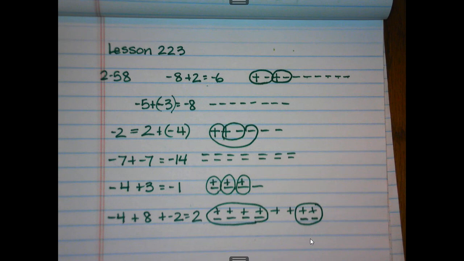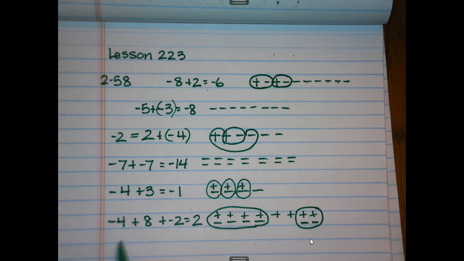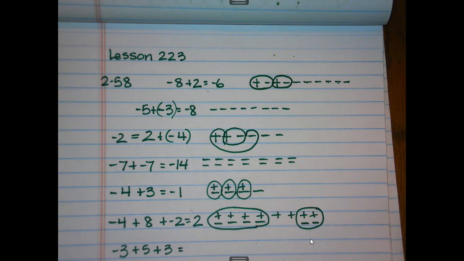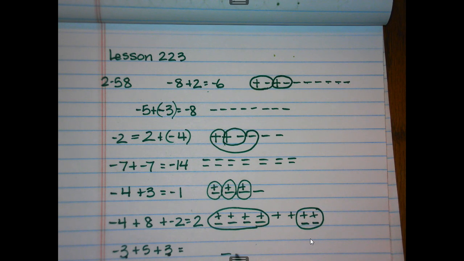Two more problems and then you're going to be on your own. -3 plus 5 plus 3. All right. We could make a guess here because some of you see that there are 2 numbers having the same absolute value. But right now we're going to go ahead and draw our picture. So we have -1, 2, 3.